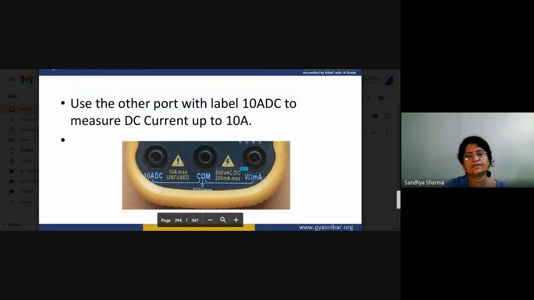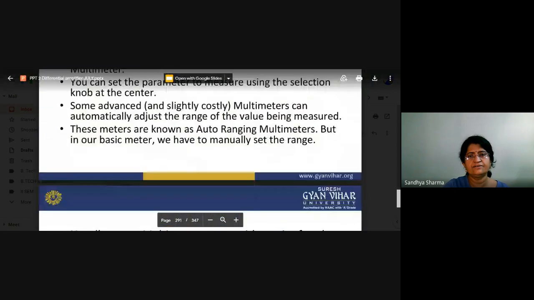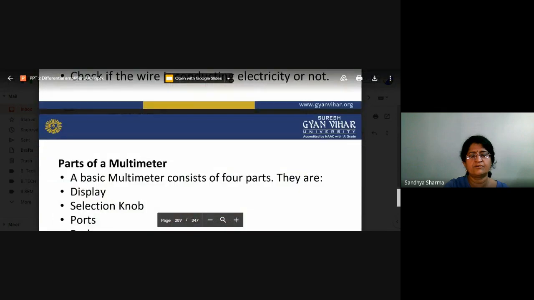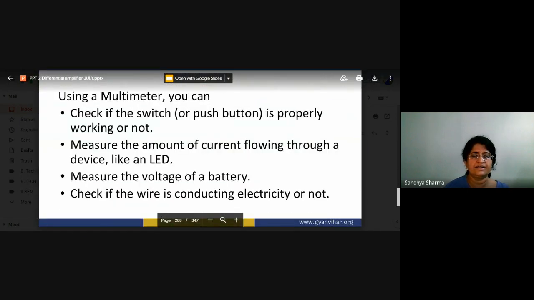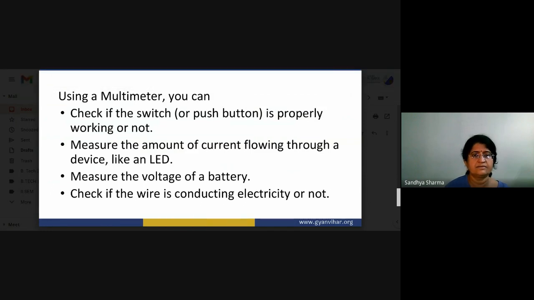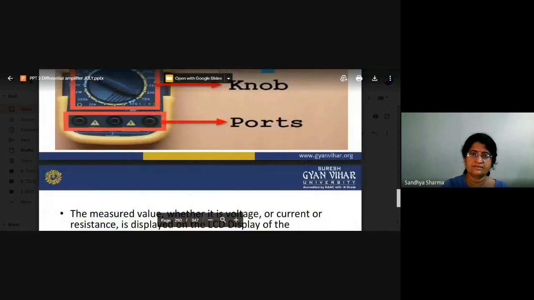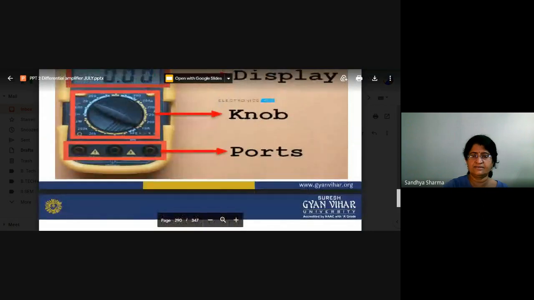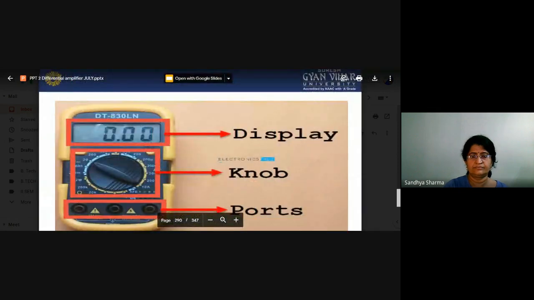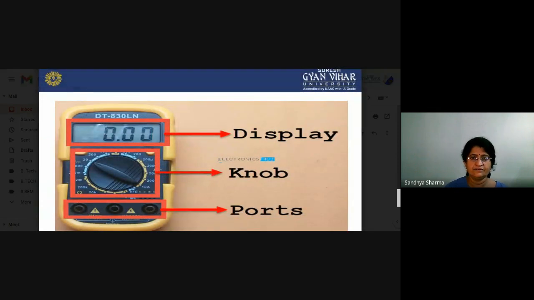There is also a basic block diagram, and we can divide this diagram into three parts, and we will take everything one by one. Here you can see the display. The upper part is the display screen.